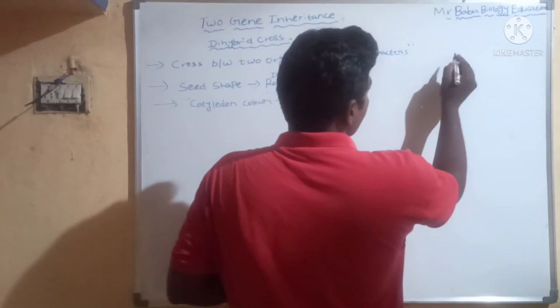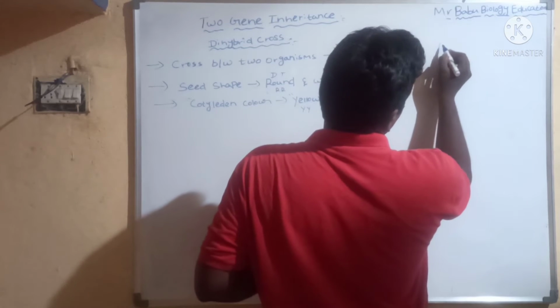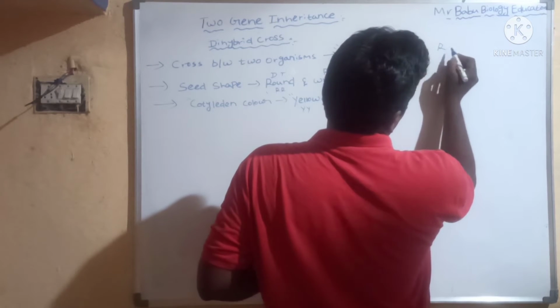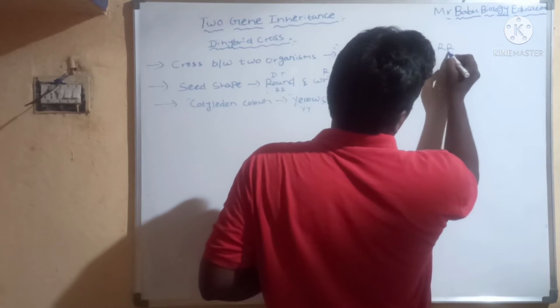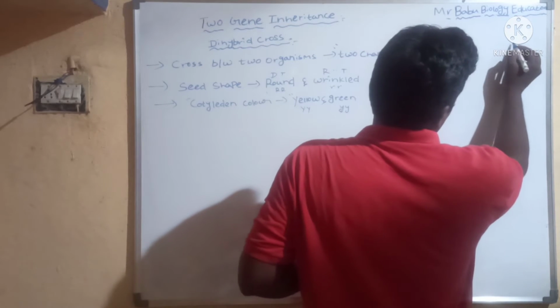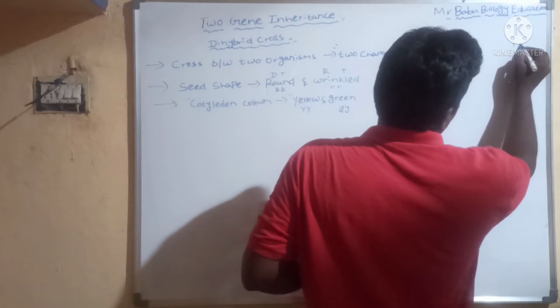Seed shape round is capital R, wrinkled is small r.